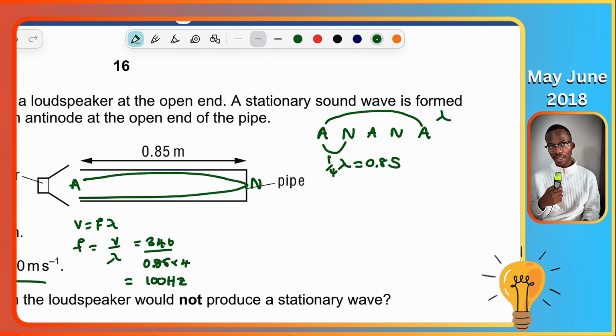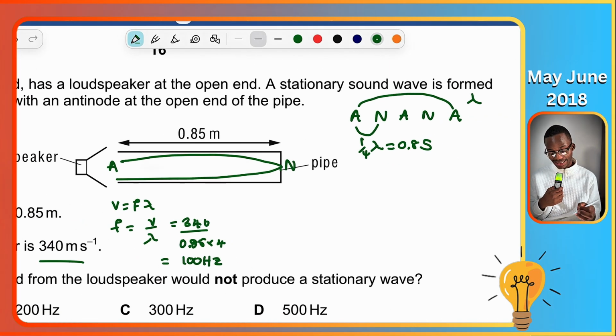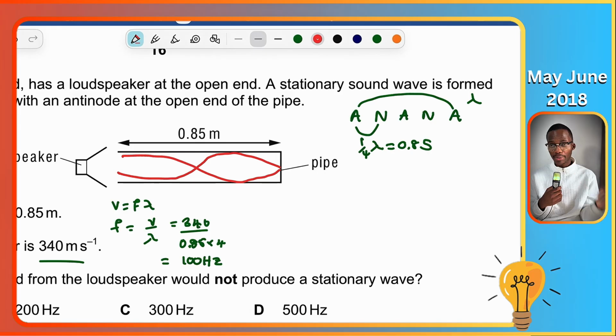If you want to go up, the wave that follows exactly after this one looks like this. That's the next one that follows. You just keep on adding nodes in between. So you're going to have a node here, a node here, and an antinode here.